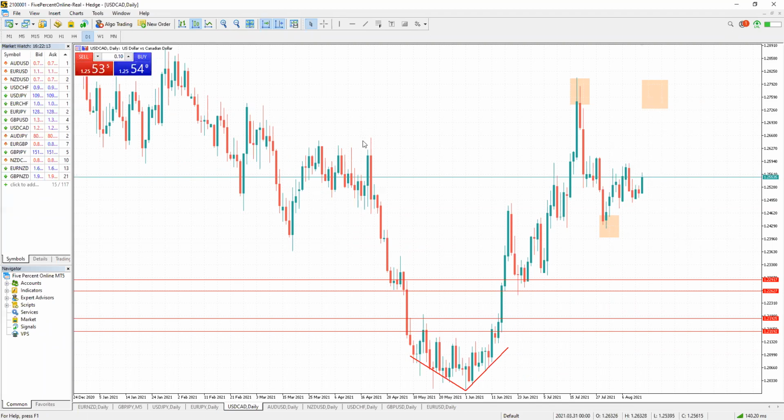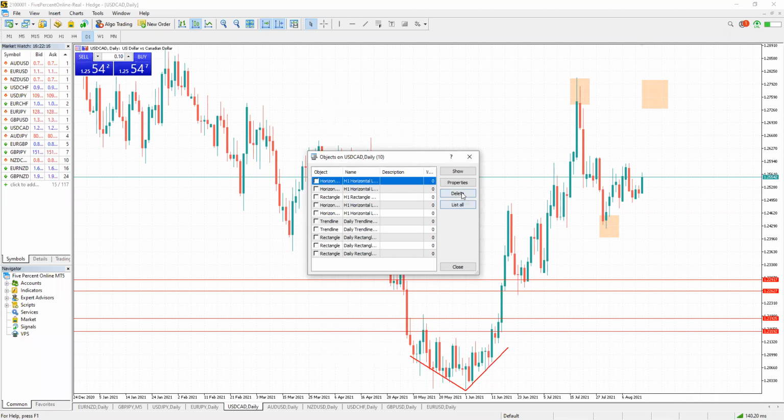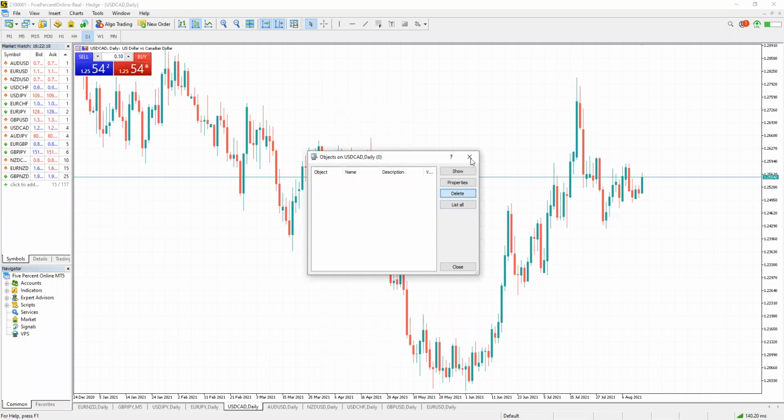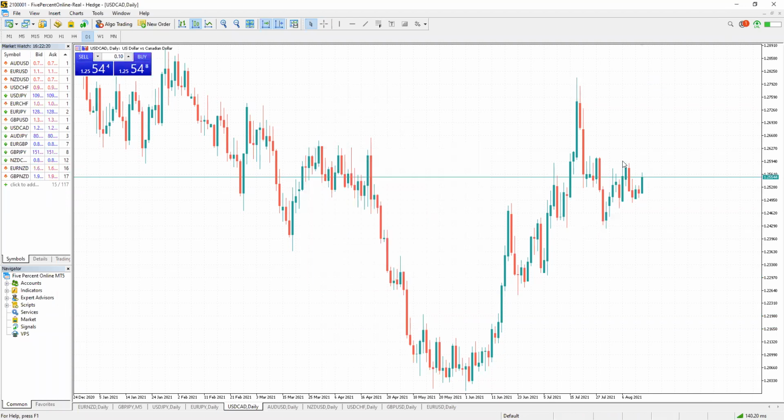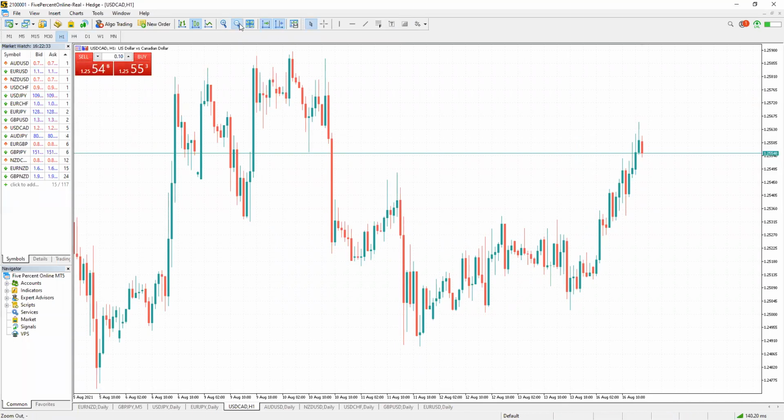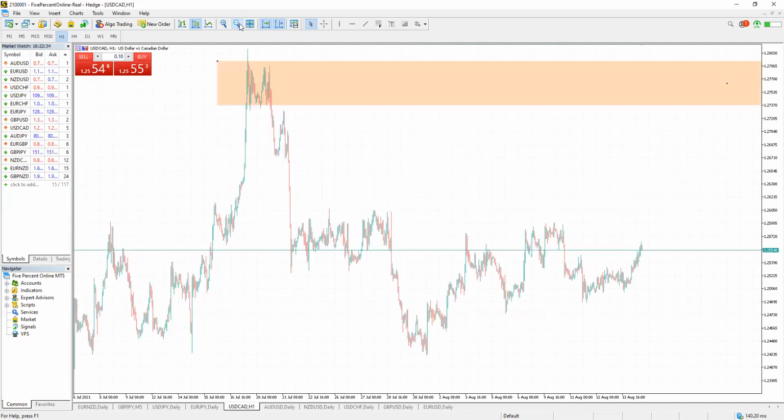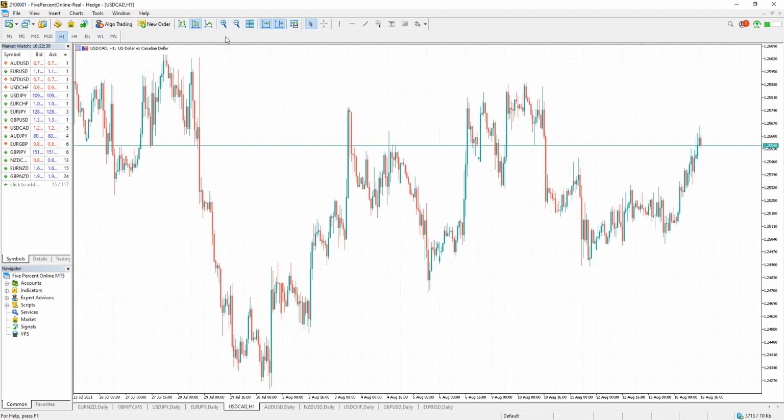But really, let me clean. Not a very clear pattern. Besides maybe this supply area and this demand area, at least on the dailies, we don't see any clear zone. Let me see if we have something on the hourlies. Okay, you can see neither.